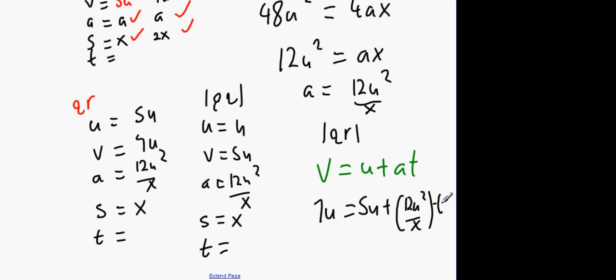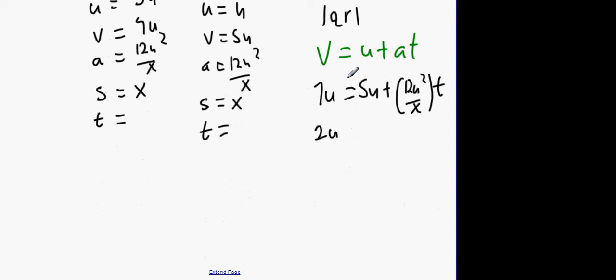Okay, so what's going to happen is we're going to get 2u, 7u minus 5u is 2u, and then we're going to have to divide it by 12u squared over x, and that's the same thing as turning it upside down, isn't it? I won't skip that part. Okay, the u's will cancel.